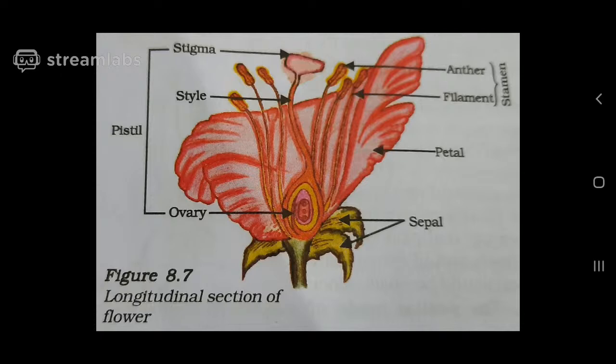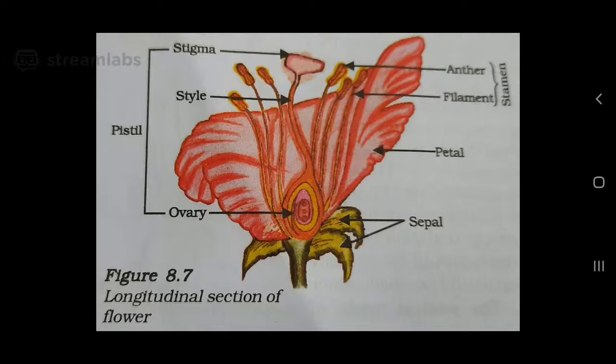Meiosis occurs only in the pistil and stamen, that is, the male and female reproductive structures. There you can find meiosis 1 and meiosis 2, where you can find the combination of DNA.